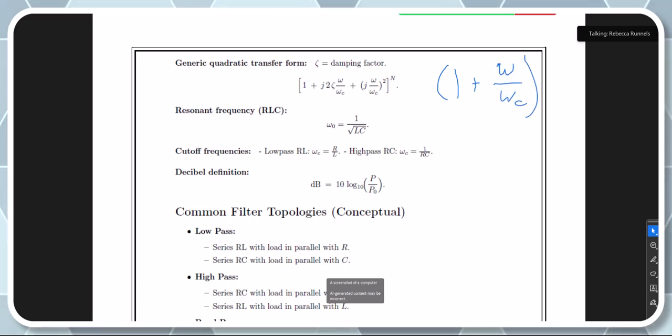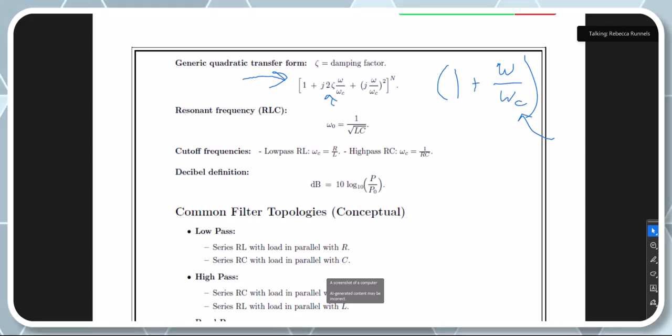All of your factors are going to look like that, and this omega c is your corner frequency or cutoff frequency, and that's what you're going to use. But if you have a quadratic factor, it looks a little different. So if you have a quadratic factor, you have to get it to look like this form in order to get the omega c, and to get the damping factor, which is this zeta right there.